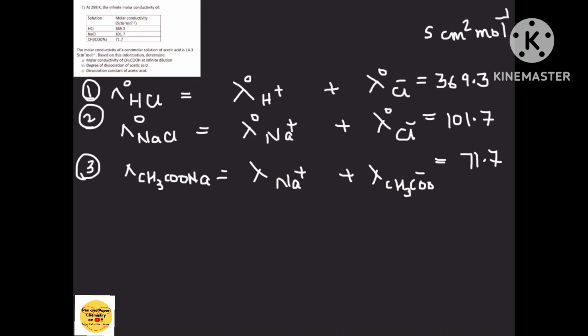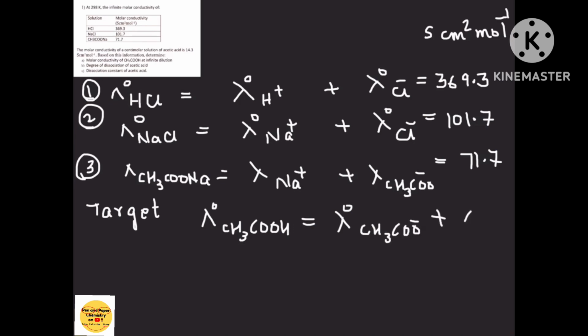What do we have to find out? The infinite molar conductivity of acetic acid, right? My target is to determine lambda of CH3COOH. That means I need the ionic conductivity of acetate and the ionic conductivity of H positive, as simple as that. Now from which equation can I get the ionic conductance of acetate?